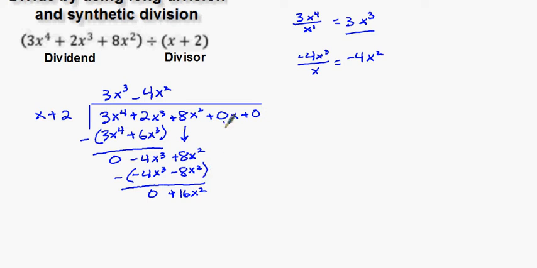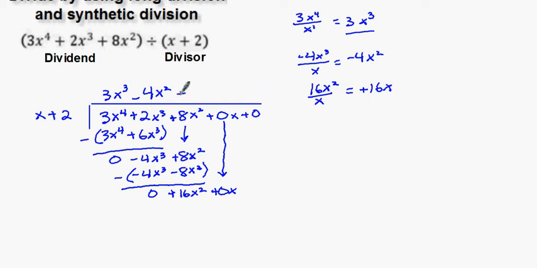And now we're going to bring down our next term, plus 0x. So again, divide 16x squared by x, and we get a positive 16x.